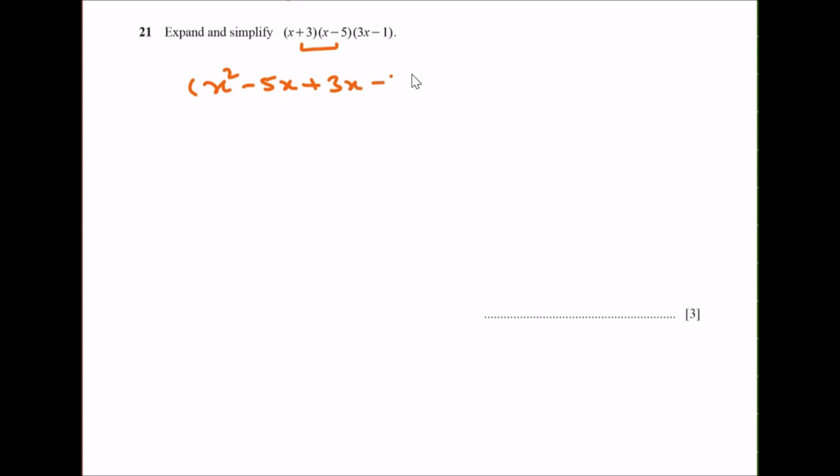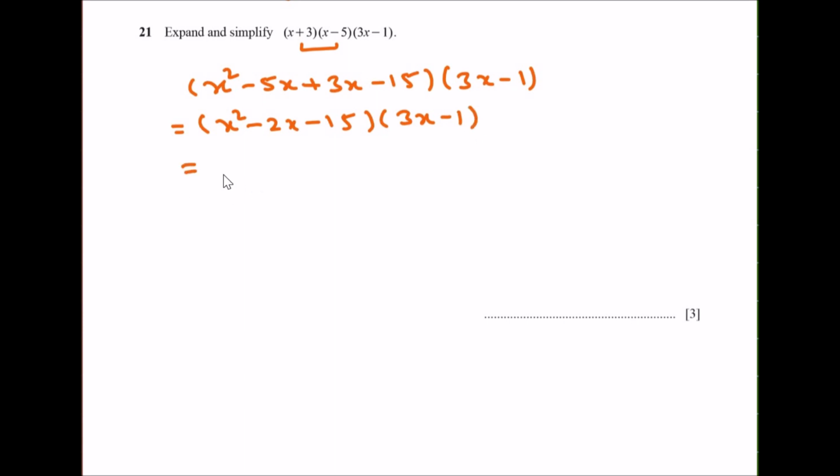Next, 3 into minus 5 is minus 15. And the last bracket, keep it as it is, 3x minus 1. So this equals x square minus 2x minus 15 into 3x minus 1. If you simplify, we got this.